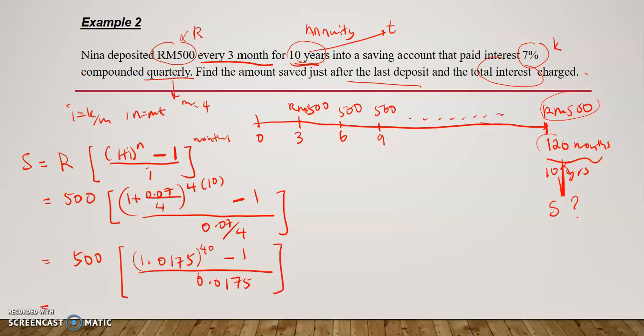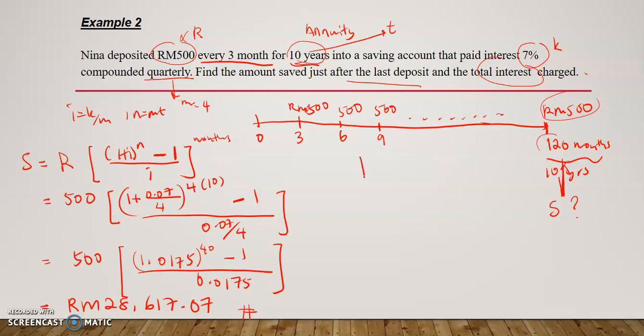Then calculate the final value using the calculator. So S is RM28,617.76. This is the total amount saved by Nina for 10 years, provided that Nina deposited 500 ringgit every 3 months.